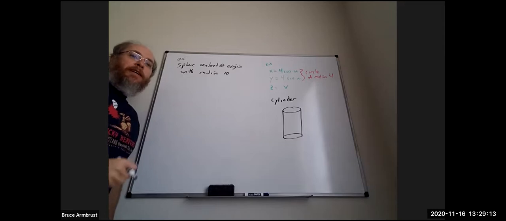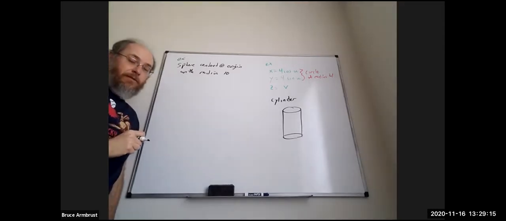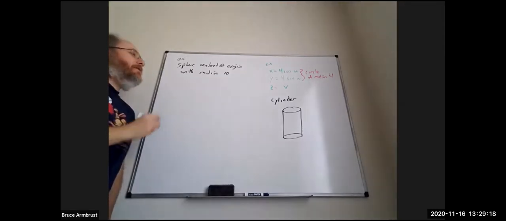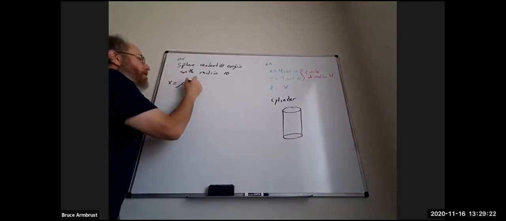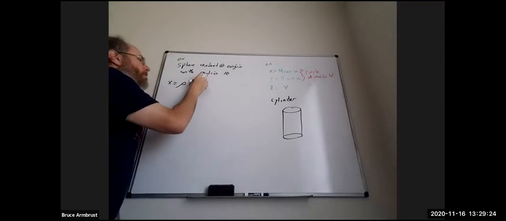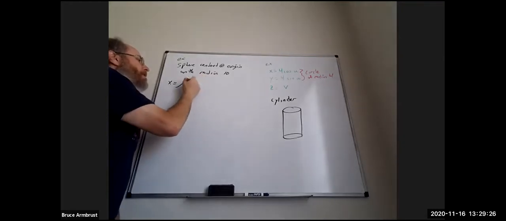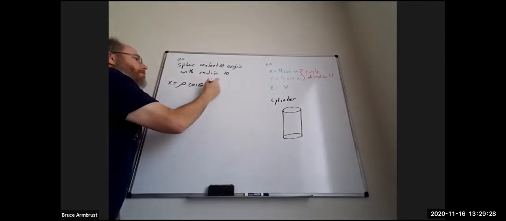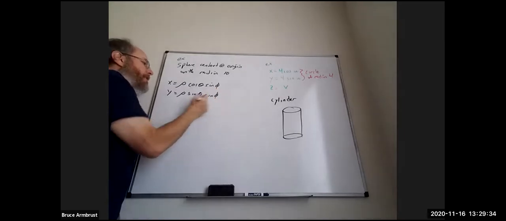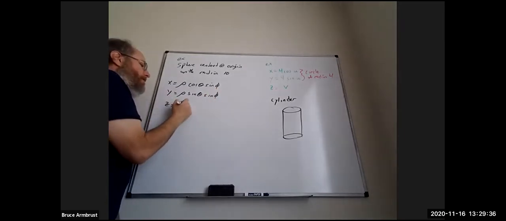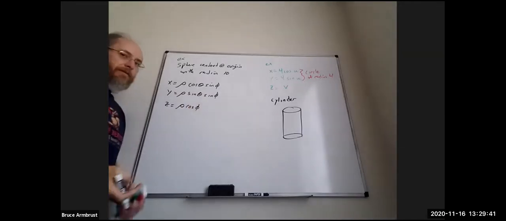Let's go to spherical conversions. So the spherical coordinate conversions: x was rho cosine theta sine phi. y was rho sine theta sine phi. And z was rho cosine phi.